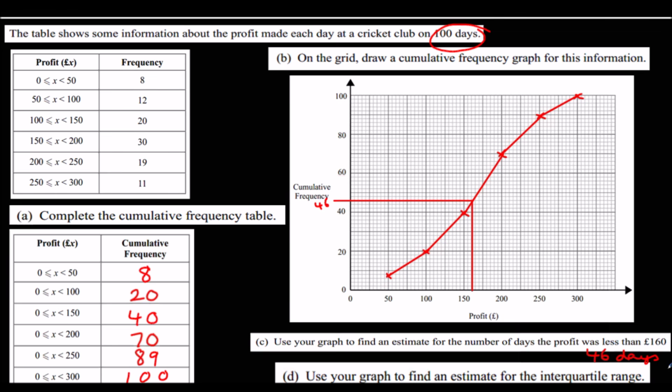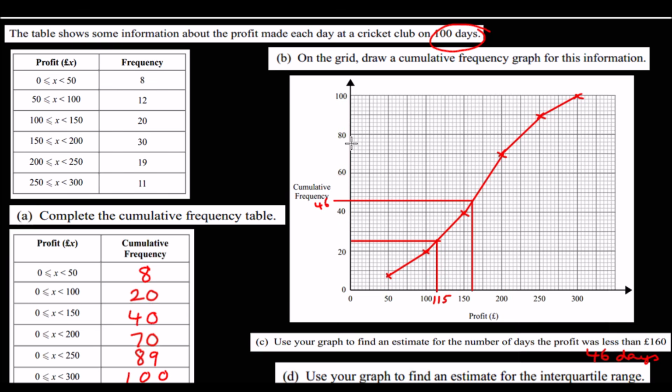And again, working out the interquartile range. So we're going to split the data into quarters. So the 25th day is around there. So I'm going to say that's 110, 115.